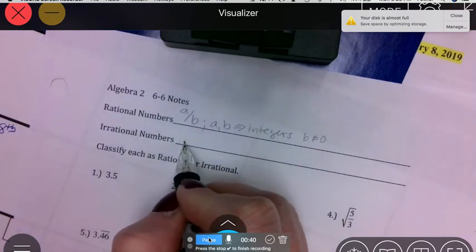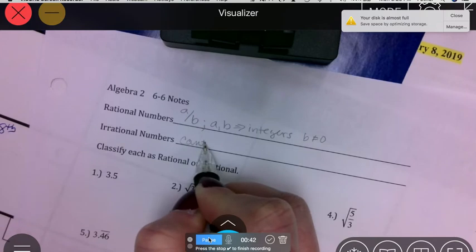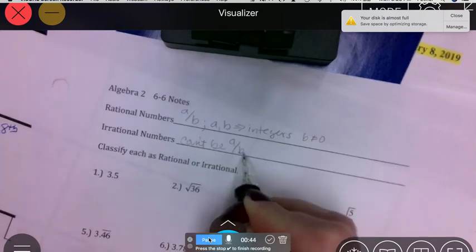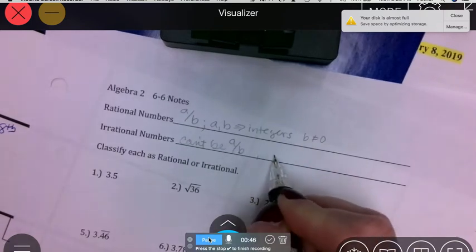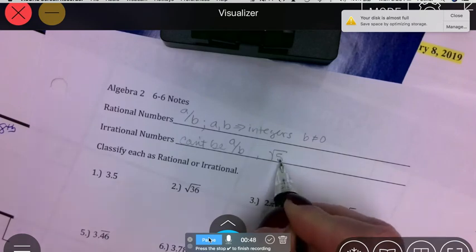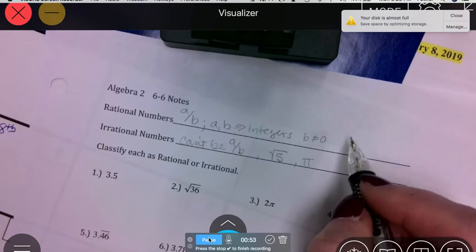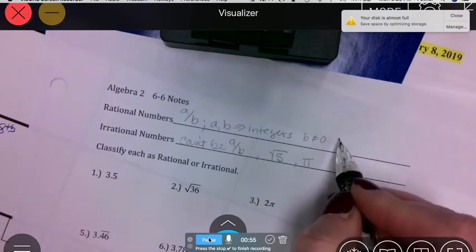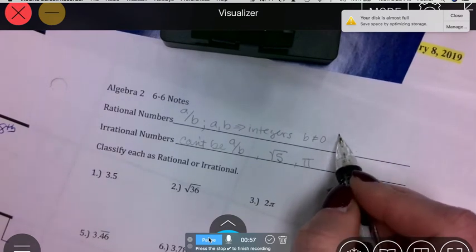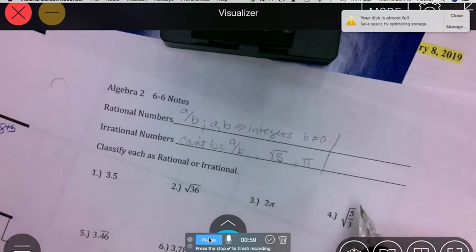Irrational numbers were numbers that can't be written a over b. Common ones here would be the square root of 5, not perfect radicals, pi, and so on. We can also define them by looking at the decimal version.